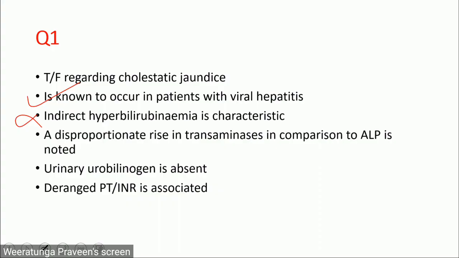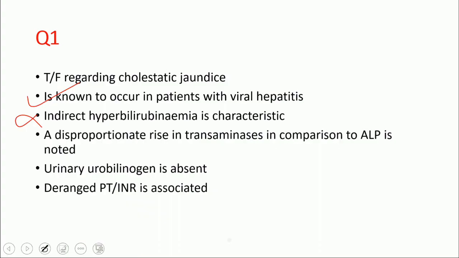The transaminases, AST, ALT can go up a little bit, but it is predominantly the ALP and gamma GT that goes up. There is another enzyme also called 5-nucleotidase that can also go up in these cholestatic disorders. So ALP you know, gamma GT you know, and 5-nucleotidase you know. That is a very important point.